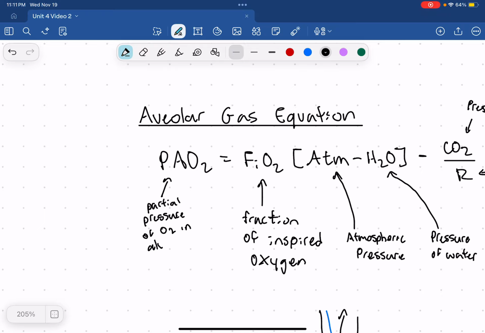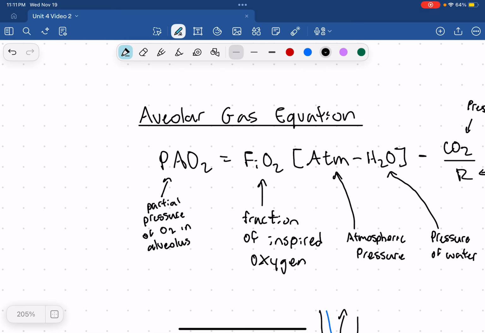This is super important because if we want oxygen to go from the alveolus into the bloodstream, we want that partial pressure to be around 100, like we were saying earlier, right?